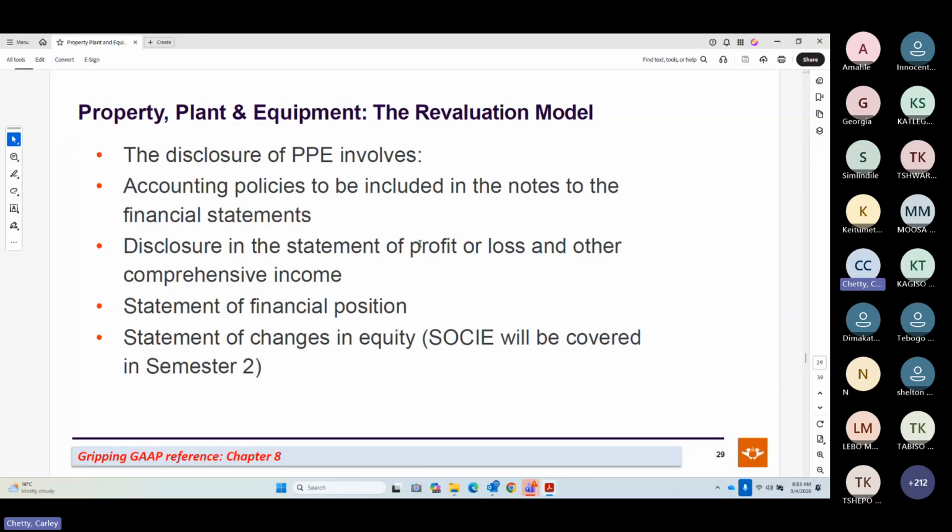We will also need to disclose in the statement of profit or loss and other comprehensive income all the items relating to that asset, like whether there's a revaluation expense, and depreciation relating to the asset as well. The statement of financial position will show the line item of property, plant, and equipment. Remember, this line item will come from that property, plant, and equipment note. And then we'll have the statement of changes in equity. This will be covered in semester 2, so we're not going to look at that right now.